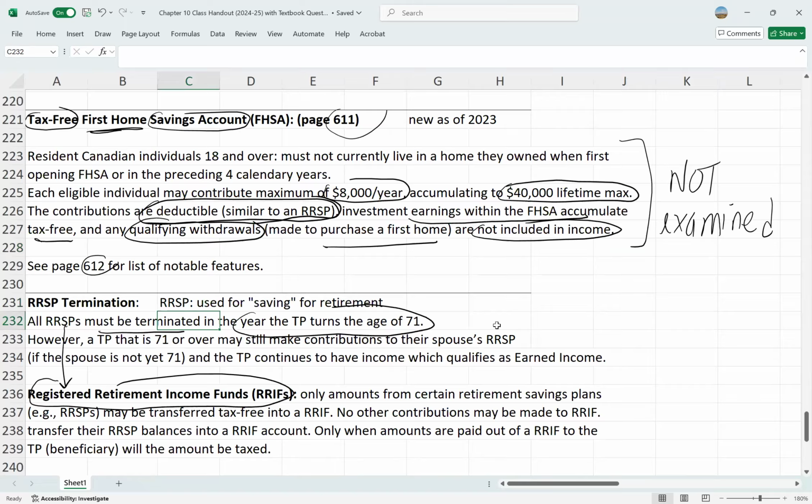So that's why in the year that you turn 71, you must terminate the RRSP because you should no longer be in that savings period. Now it can terminate earlier. You can terminate the RRSP earlier than age 71, but no later than the year you turn 71. That's the year that it has to be terminated.